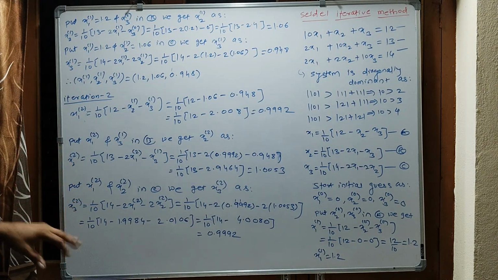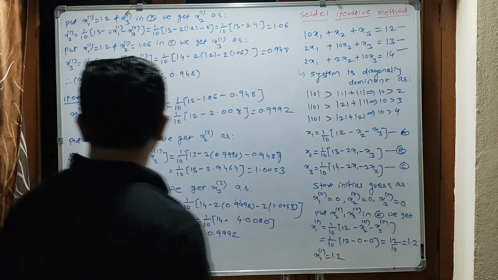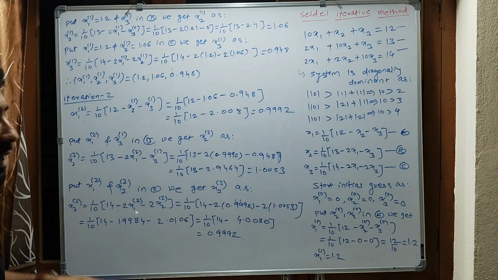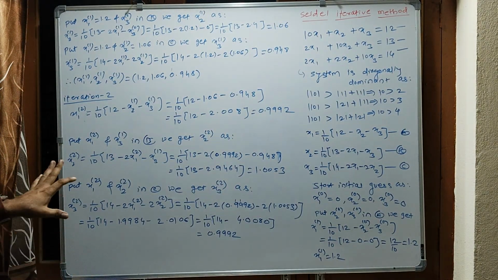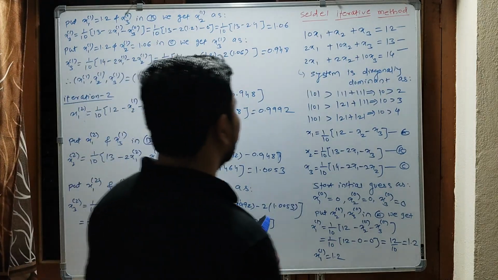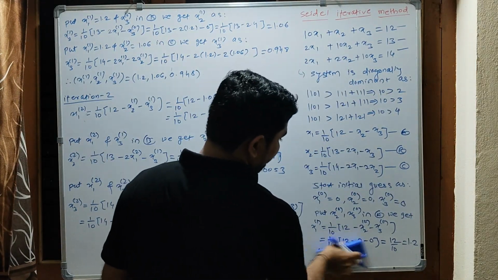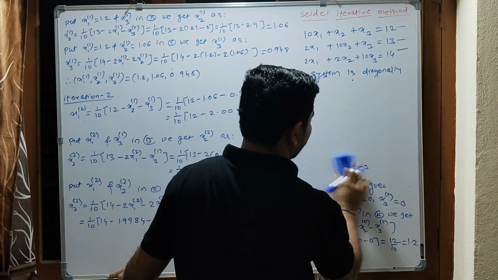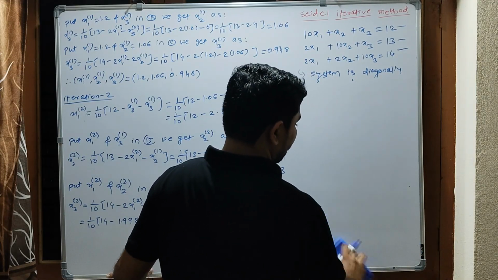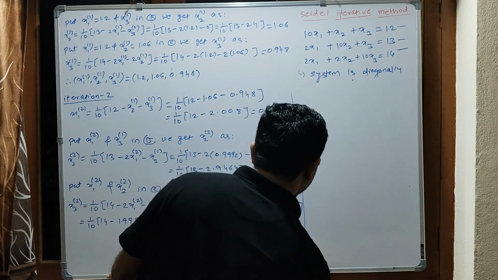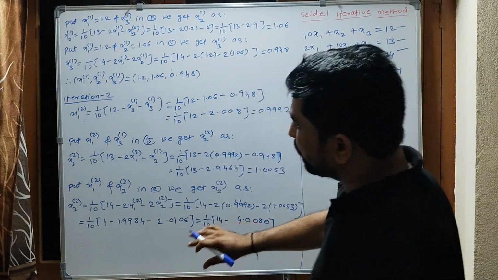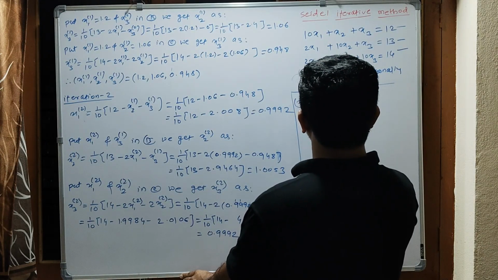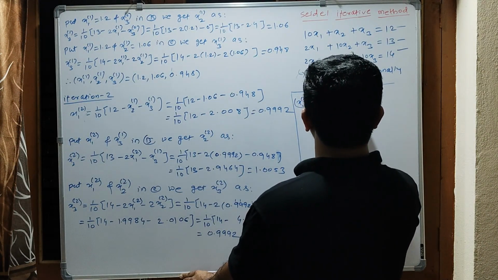Now in the same way you can calculate x1 at 3, x2 at 3 and x3 at 3. I don't have space, so here I will write x1 at 2, x2 at 2 and x3 at 2.